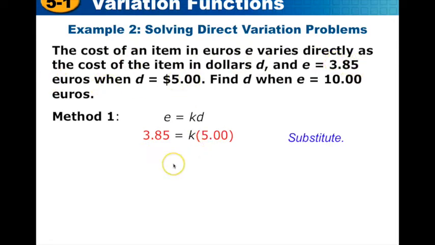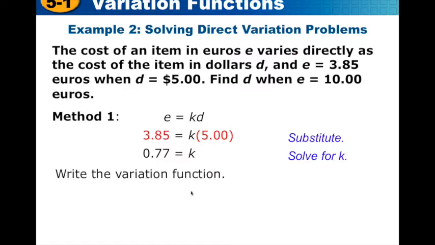So plug those in and divide. That will allow you to solve for K. Now that you have K, you can write the equation. So we're going to plug K back into the original equation, and that gives us E equals 0.77D. That's our equation.